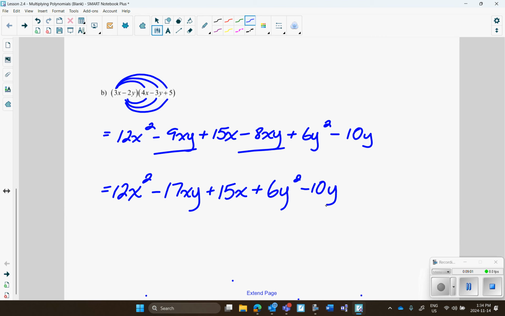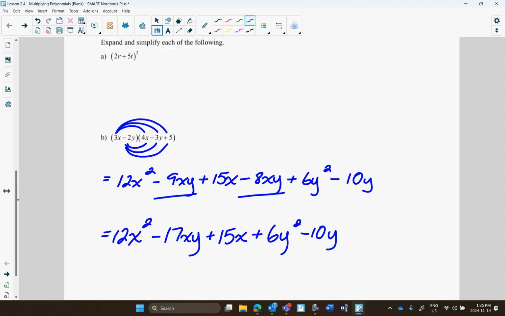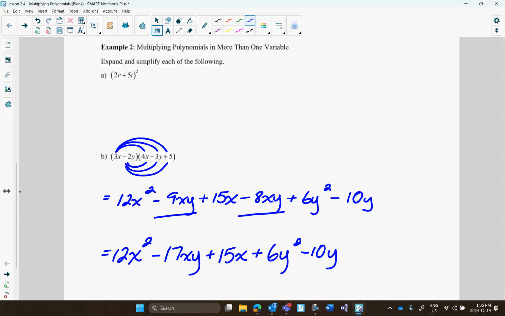You do got to be careful, because it's easy to make a little mistake. You're doing a lot of multiplications and then a lot of collecting. All right, this one. Sometimes students have a little trouble with one like this. Now, parentheses mean that you keep everything inside together, right?